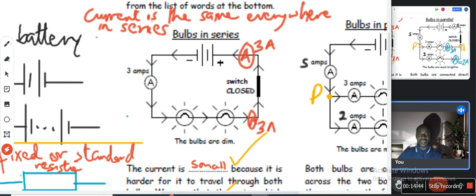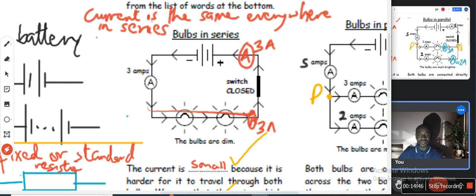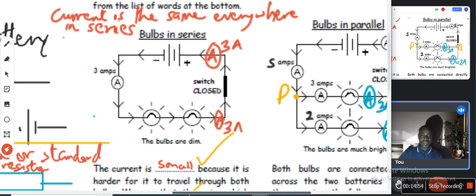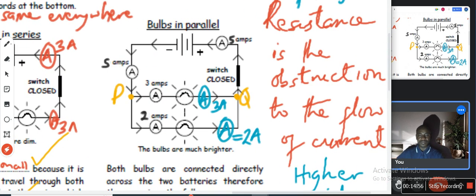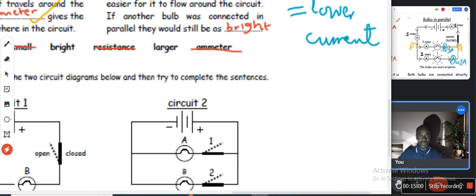Current is the same everywhere that is in series. We have the same amount of current. But when you come to parallel, there's something else that will be the same. That's voltage. I will have to note it down somewhere. Voltage is the same everywhere in parallel. Let me note it down in a yellow pen. Voltage is the same everywhere in parallel.